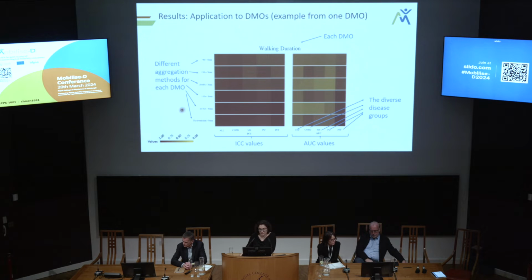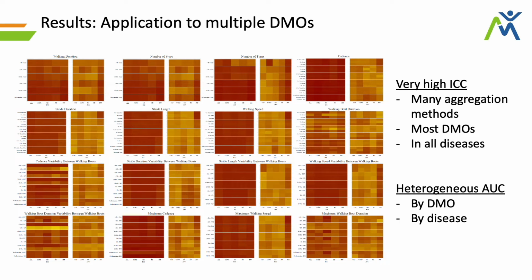And then for several restrictions, so for all bouts or bouts longer than 10 seconds, 30 seconds, 60 seconds, etc. We calculated ICCs and AUC values for each of the diseases. These two estimates range from 0 to 1, the darker meaning better stability and better ability to discriminate. Then we did this for all aggregations and for all of the walking bouts.